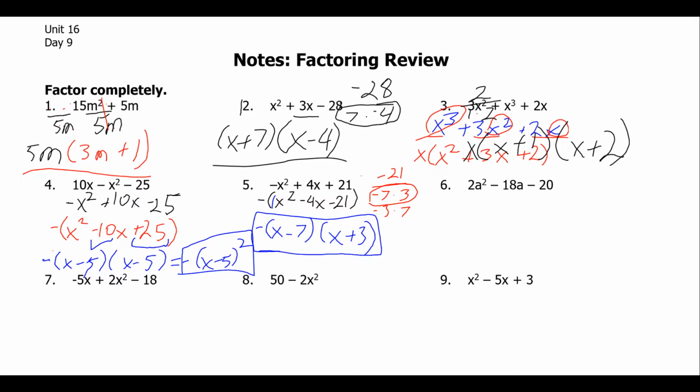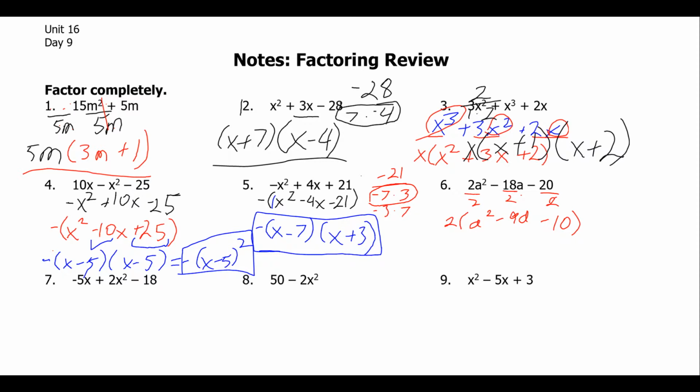Alright, now, number 6. Let's see, standard form, yes. A squared, a, nothing. Is there a greatest common factor? Yes, I can take out that 2. So, divide everything by 2. So I got 2 on the outside of a squared minus 9a minus 10.